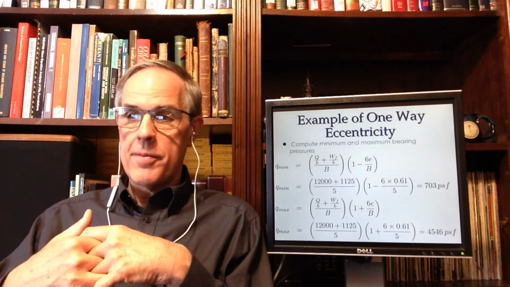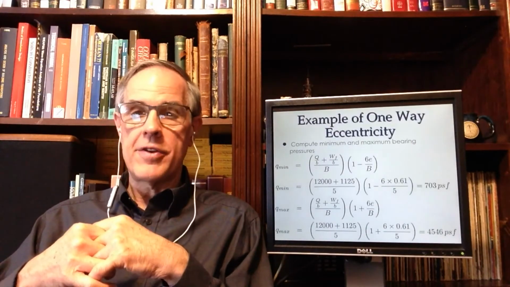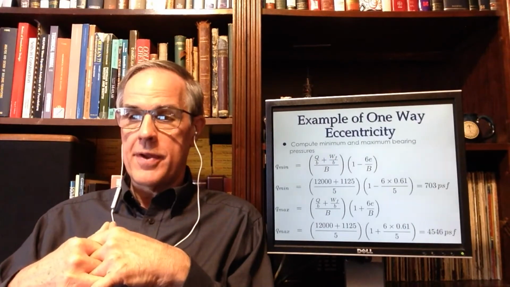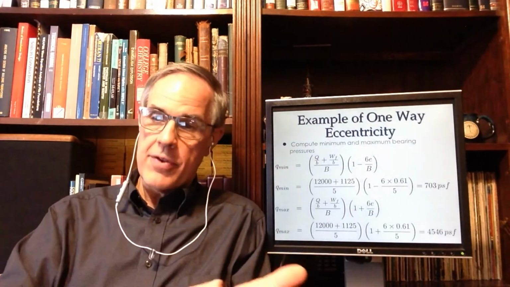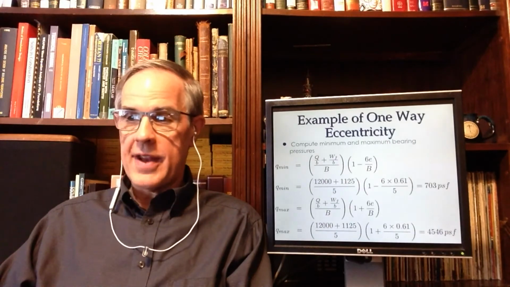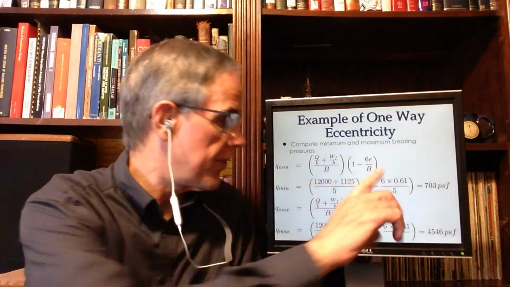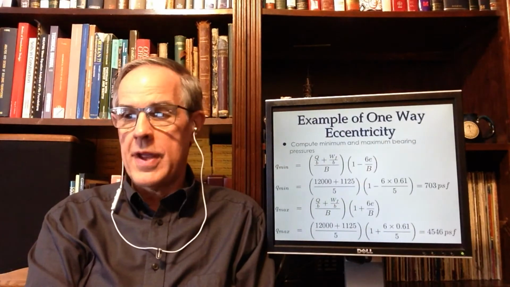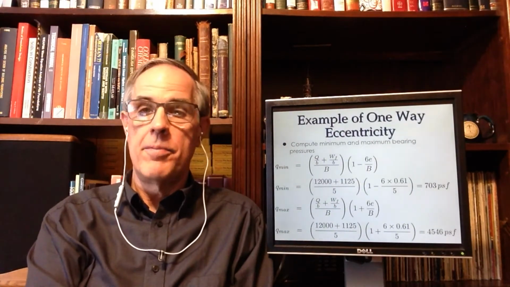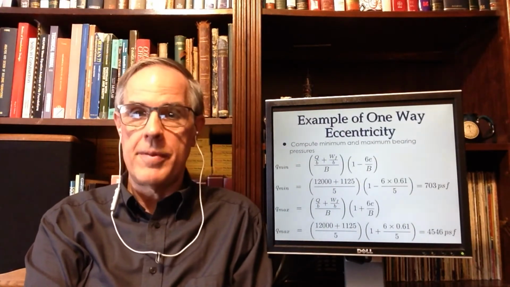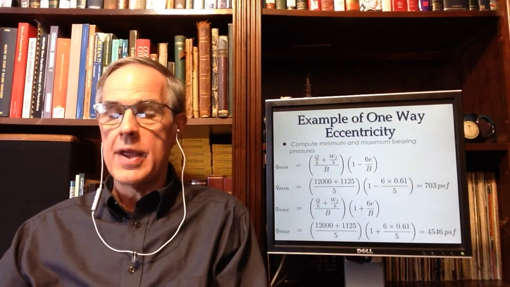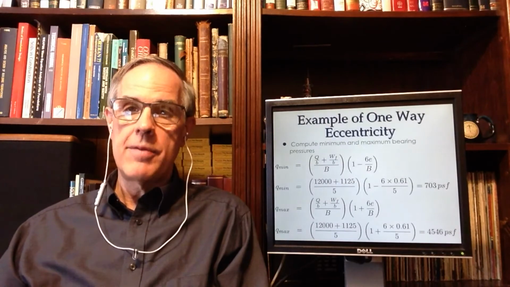If we do 1 minus 6E over B, E is 0.61. We just computed that, and we get 703 PSF. Qmax, on the other hand, is the exact same thing, except we change the sign from here to here, and we get 46 PSF. Both are positive, therefore it's in the middle third. So this whole thing hangs together, and you can do it either way, providing you can properly compute the eccentricity.